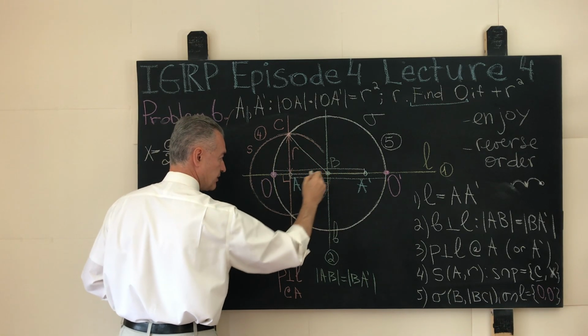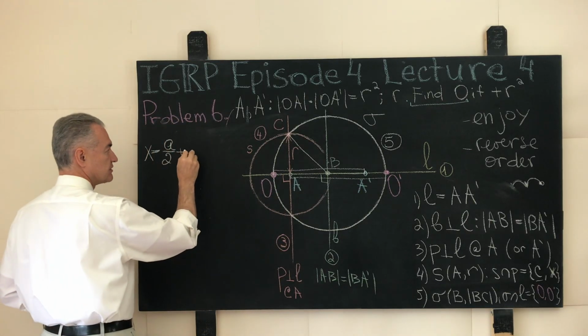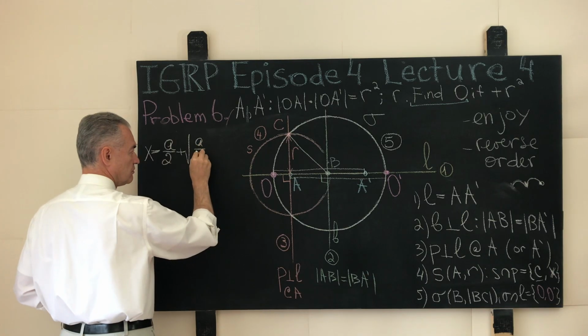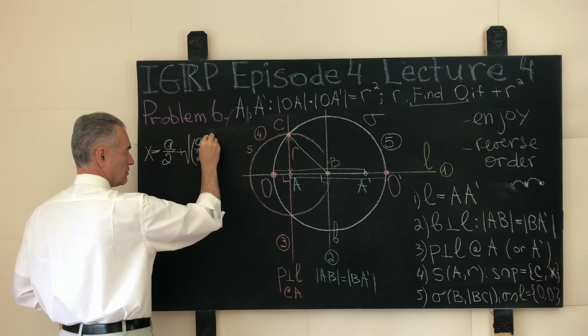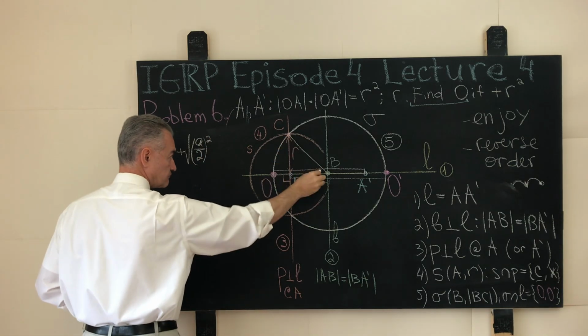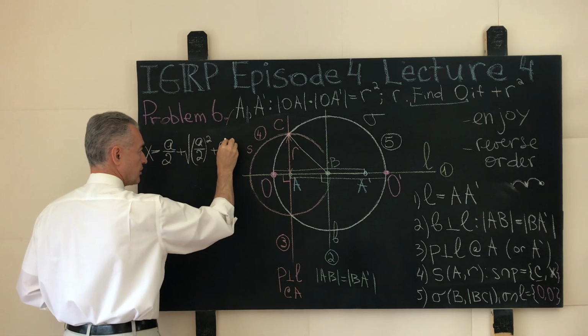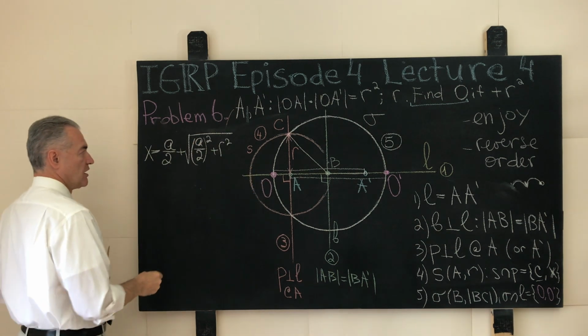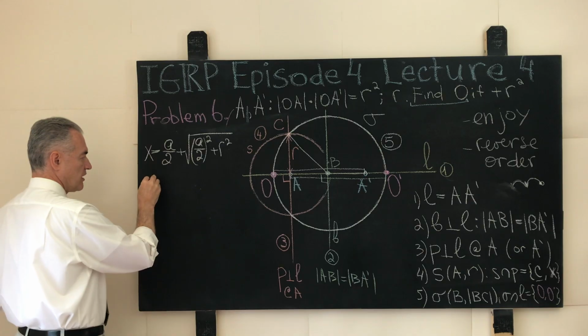And what is the distance BC? Well, plus the square root of (A over 2) squared plus R squared. This is how our construction went. And now we simply do the math.